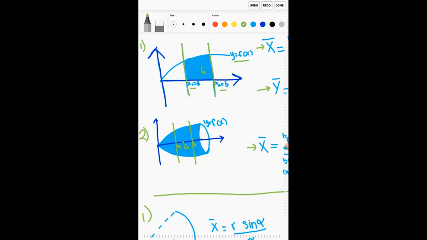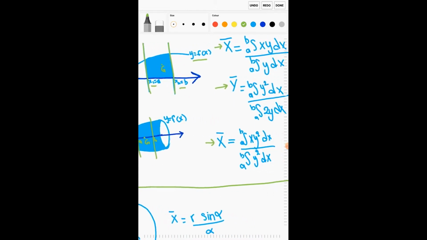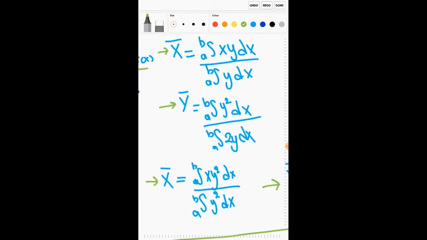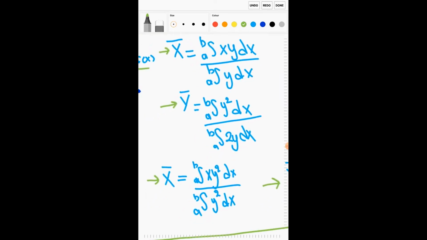Now to find the center of mass, which is this point G, you will need to find x bar and y bar. So the formula for x bar is: you're going to have to integrate. It's the integral from a to b of x times y dx over the integral from a to b of y dx.